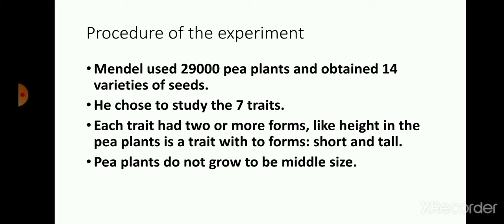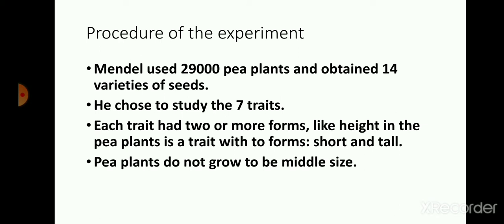In the last lecture we saw the monohybrid cross in which we cross the single trait of the pure line of parents to form the hybrid variety, and all the F1 progeny are tall. They are not middle height or middle size.